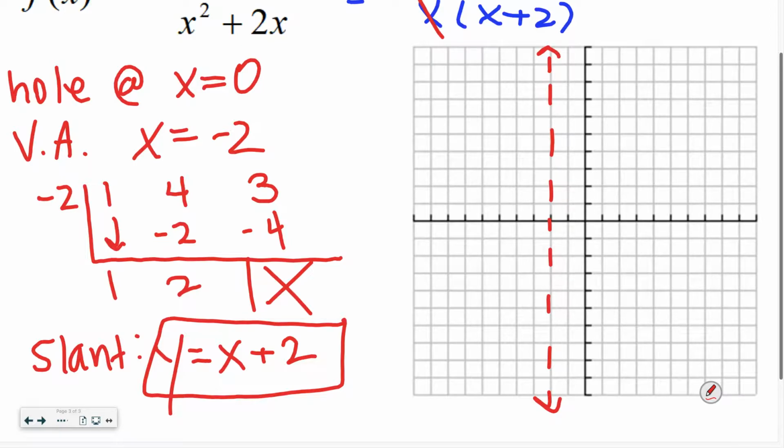Our slant asymptote is y equals x plus 1. Well, that is a y-intercept of 2 and a slope of 1. So I'm going to go ahead and draw that line. Like I said, if you want to use some sort of a straight edge to help you, that's fine. Okay, but that would be where our asymptote would be.